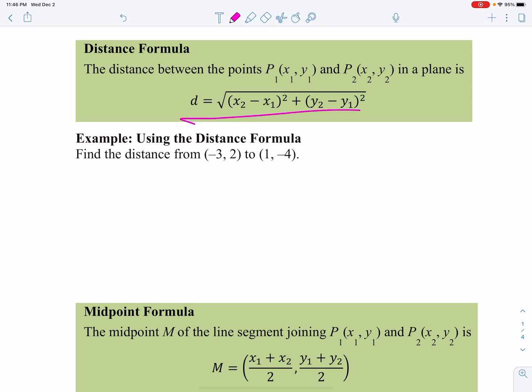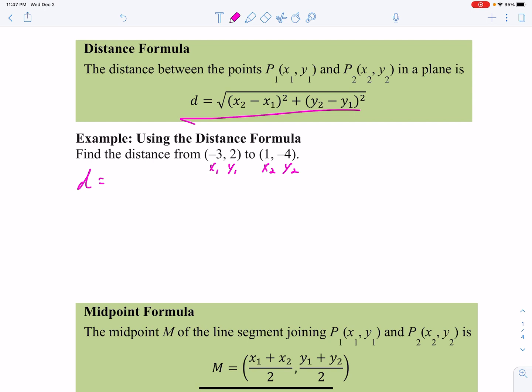Plug into this formula. So distance equals, all right, so it doesn't matter which one you call x1, x2, etc., but you need to be consistent, right? So we'll just simply say x1, y1, x2, y2. So follow that order.